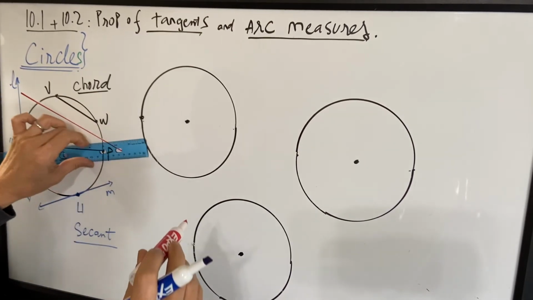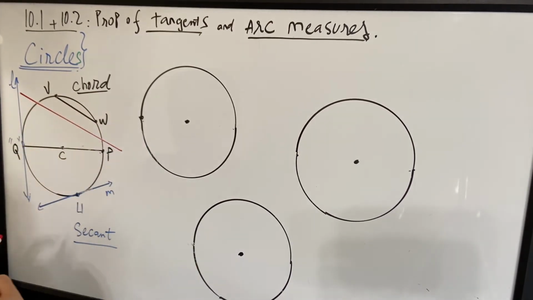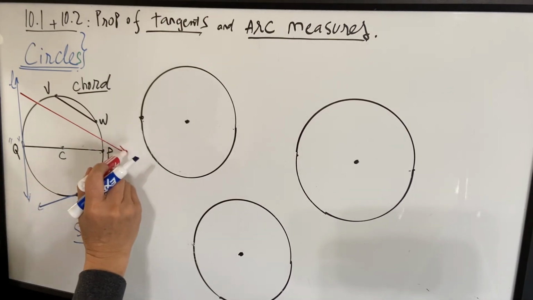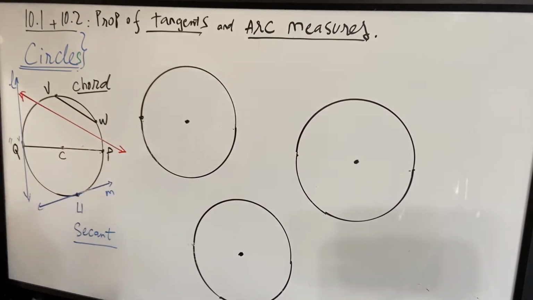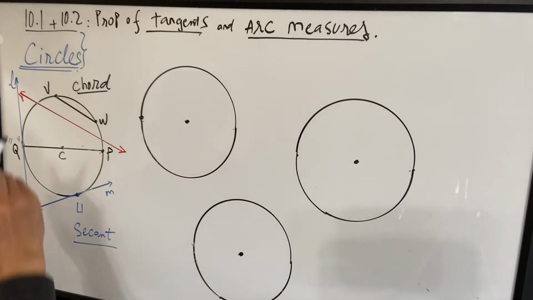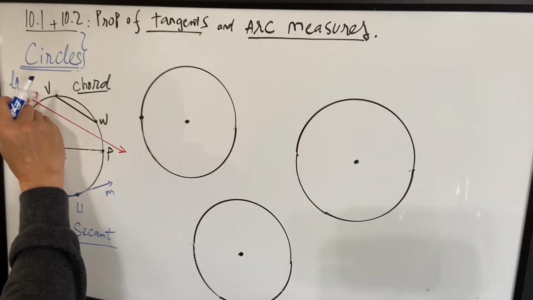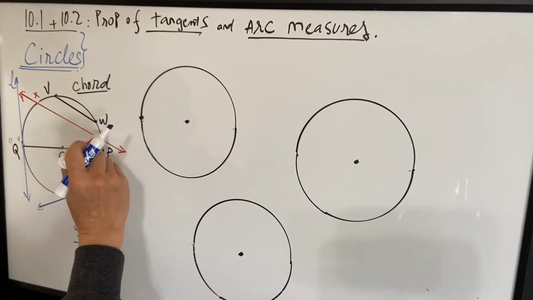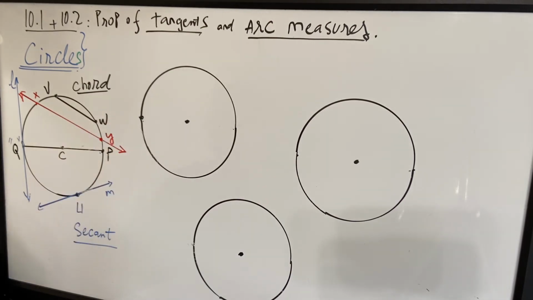There we go. Now, to illustrate that line, you do the geometric notation. And it cuts the circle at 2 points. Let's call this X, and let's call this Y. There we go. This is called the secant. Secant is a line that intersects a circle in 2 points, and it keeps running.